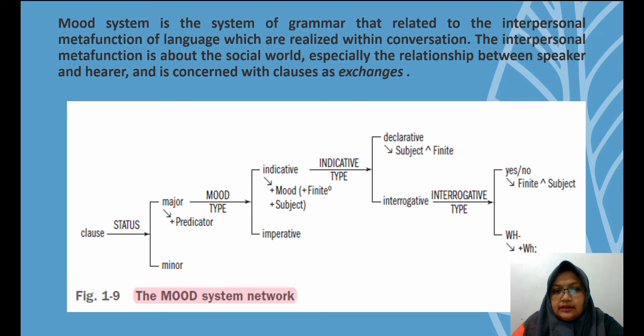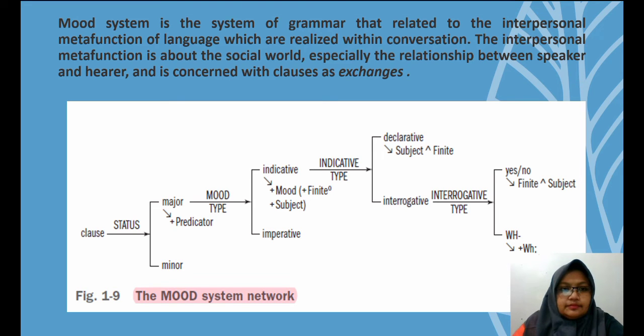Declarative has a subject and finite. Interrogative has two kinds: yes/no, where the answer is yes or no, with finite plus subject, and the WH question: why, who, what, when, and where.